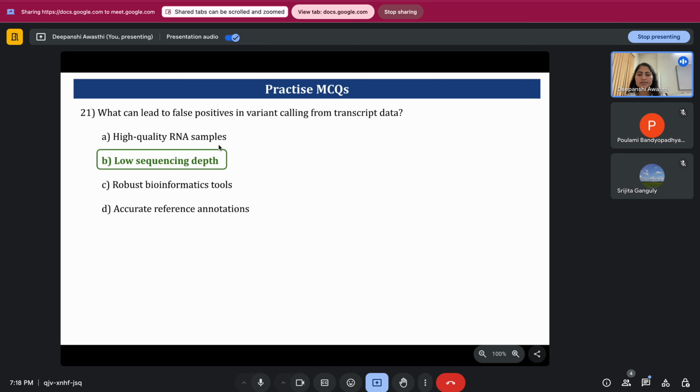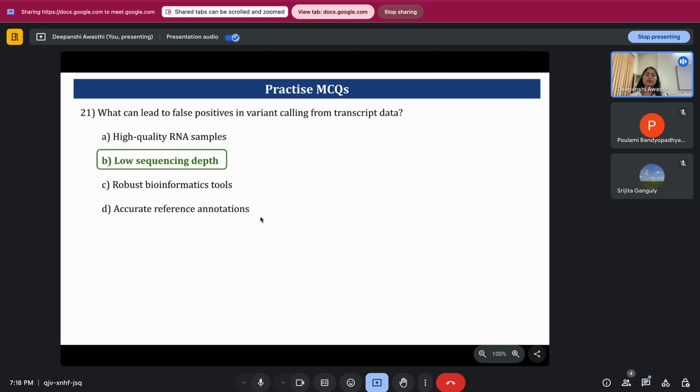High quality RNA samples, no. If we have high quality RNA samples, then they won't lead to false positives. Robust bioinformatic tools: if tools are robust, then they will help us find more true positives instead of false positives. Accurate reference annotations: if we have accurate reference annotations, we won't go into false positive detection.